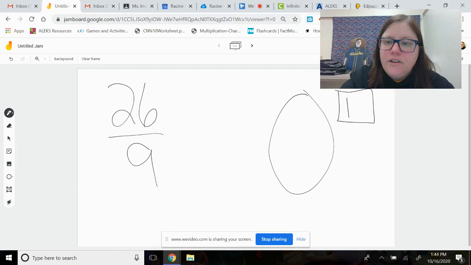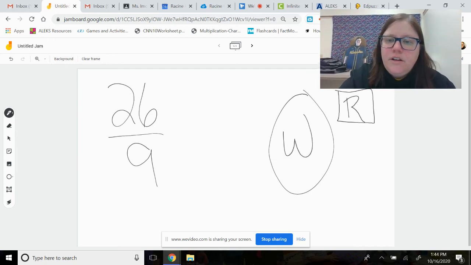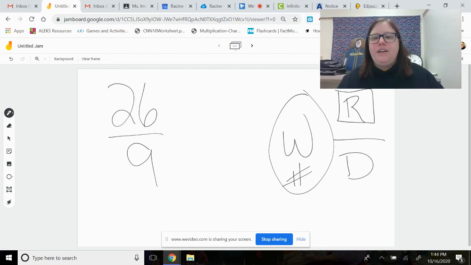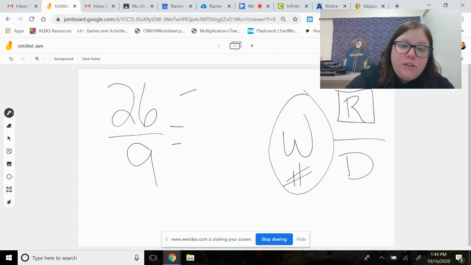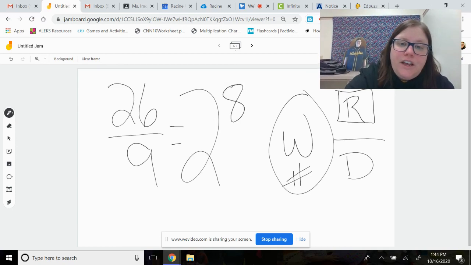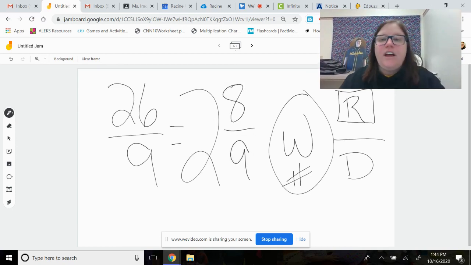The remainder, this isn't a hashtag, it's a number symbol. And then the denominator. So whole number, remainder, denominator. So that's how it became the whole number of 2, the remainder of 8, and the denominator of 9. So if it helps to draw this out before you write your answer to know where everything goes, you can do that.